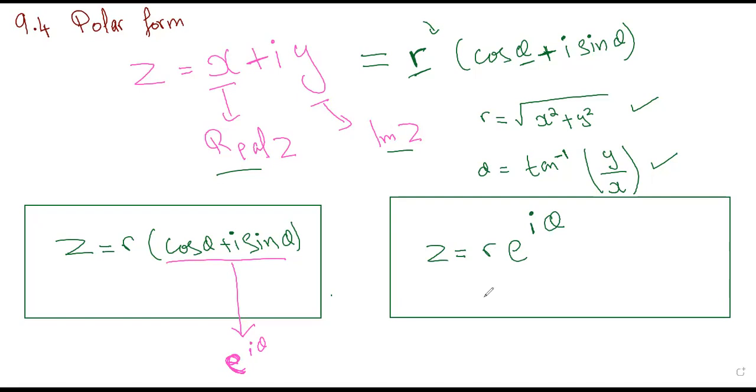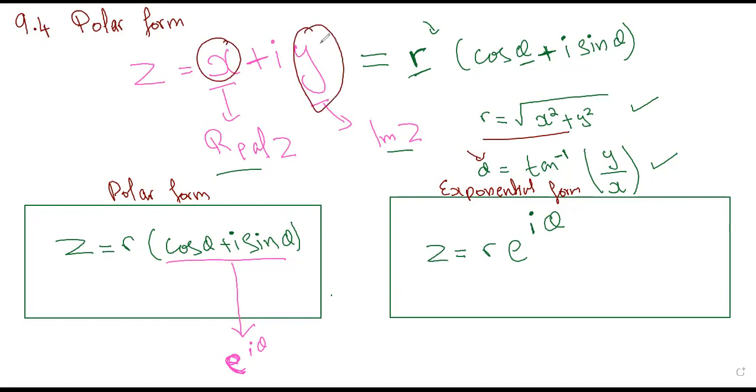So this is your polar form and this is the exponential form, right? There are two simple forms. You need to use r and theta to find these forms. That's it, okay? And you will be able to find r and theta easily once you have your x and y. So just understand this and you will get a better understanding once we do the examples.